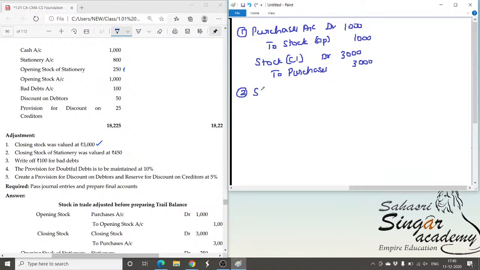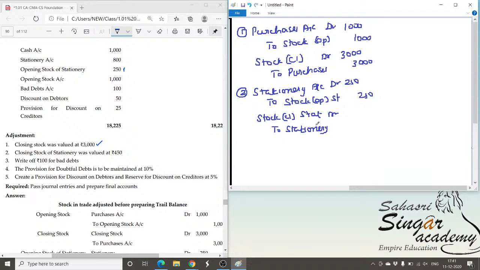So the entry will be stationery account debit to opening stock of stationery, the value being 250. Similarly, for the closing stock, the entry will be closing stock of stationery, stationery account debit to stationery account.